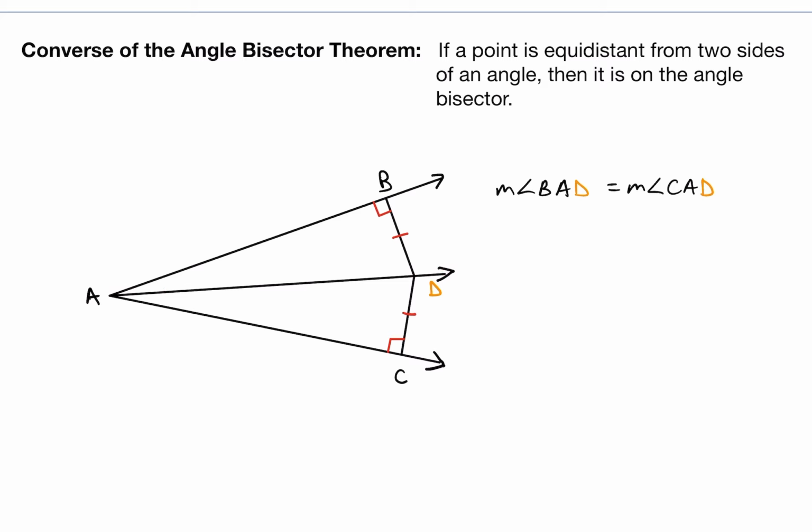So then we would know that angle BAD, so this angle here, is going to be equal to angle CAD, so this angle here. All right, so we know that this angle here will be the same as that angle. Okay, so let's go ahead and use both of these theorems to solve the next couple of problems.